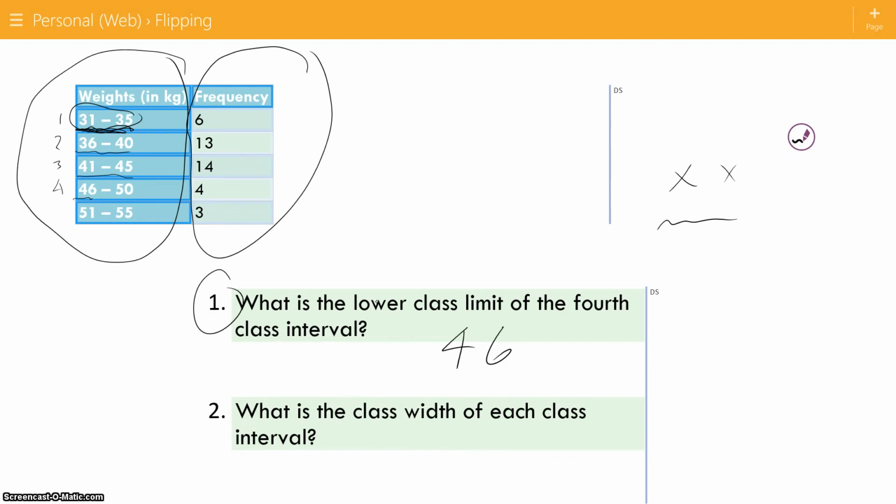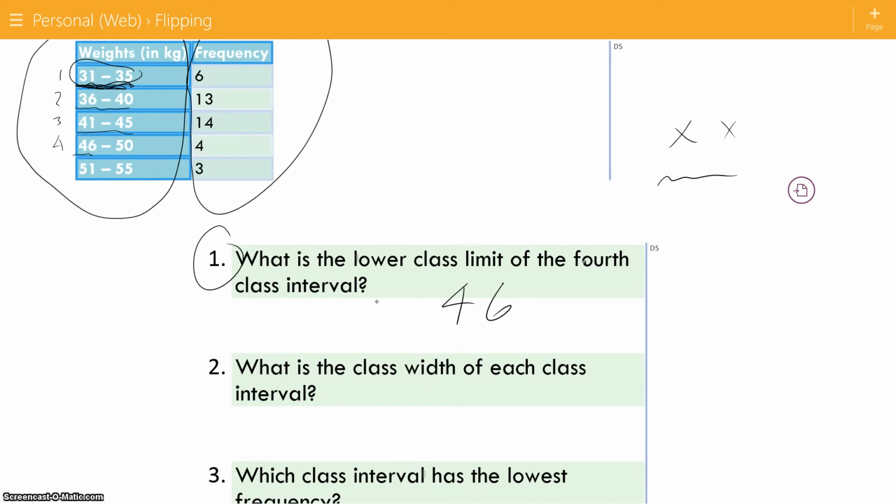To get your class width, all you have to do is this. Take a lower class limit and then subtract the previous lower class limit.